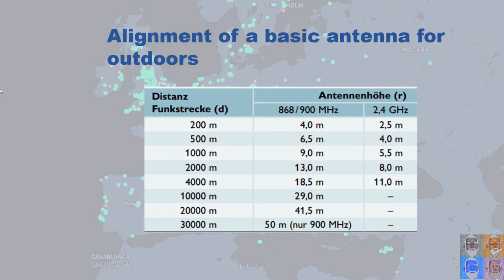But it doesn't mean that your coverage is better. LoRa is absolutely working differently. In a city, it's not possible that you have just 200 meters. You have much more, but that would be the standard.